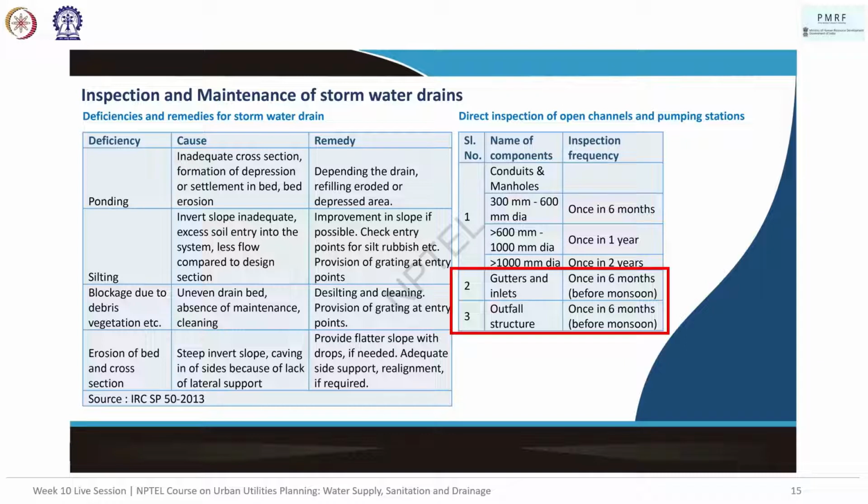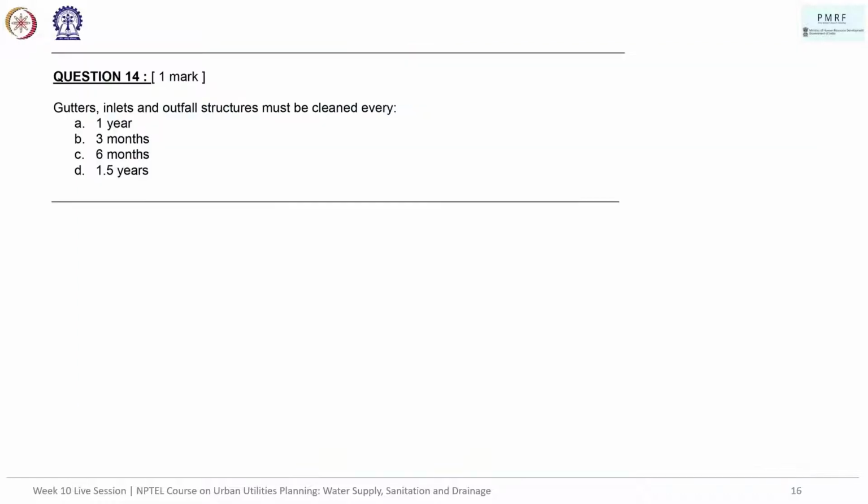So it can play a very crucial role in mitigating increased flow or flooding of the urban area, right? Any leakage or any defect in this aspect will lead to bad repercussions in the adjoining areas, right? So the answer is 6 months.